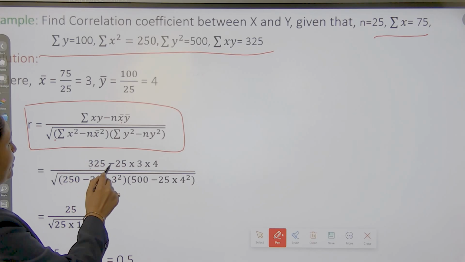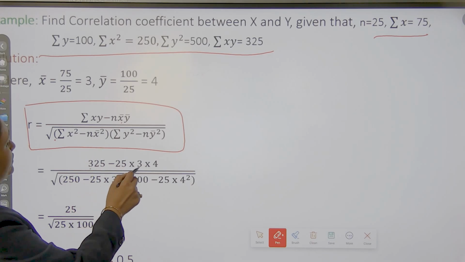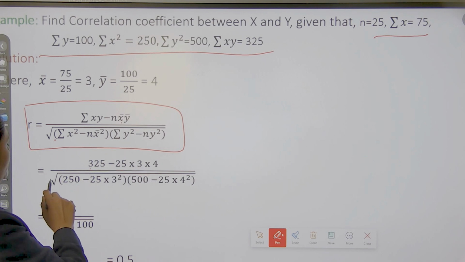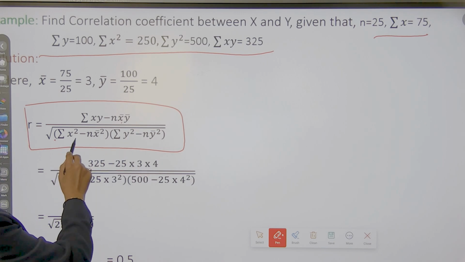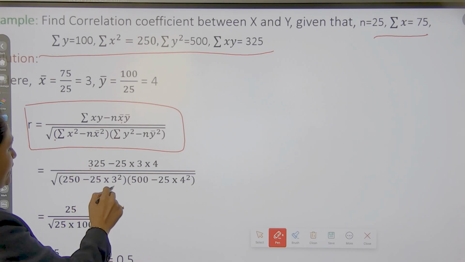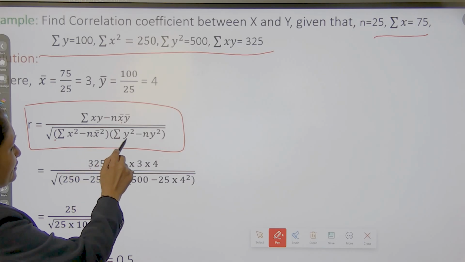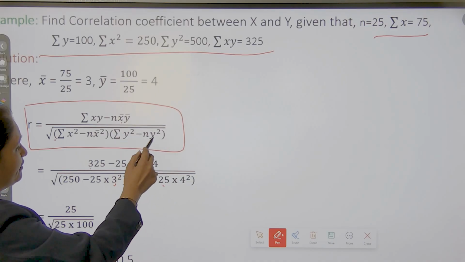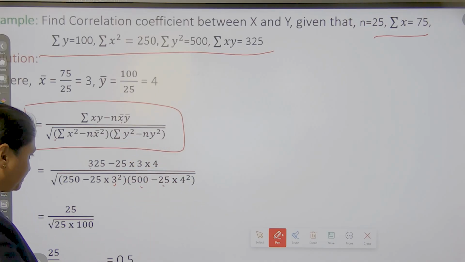It is 325, then n is 25, x bar is 3 and y bar is 4. Again under root of summation x square is 250 minus n is 25, x bar square is 3 square, into summation y square is 500 minus n is 25 and y bar square, that means 4 square.